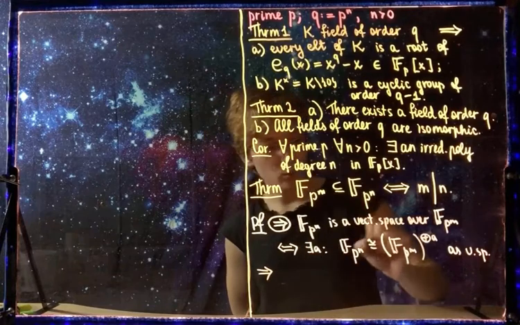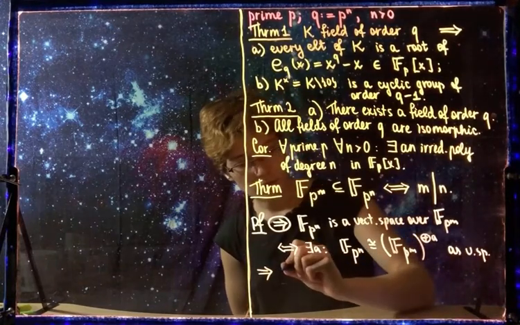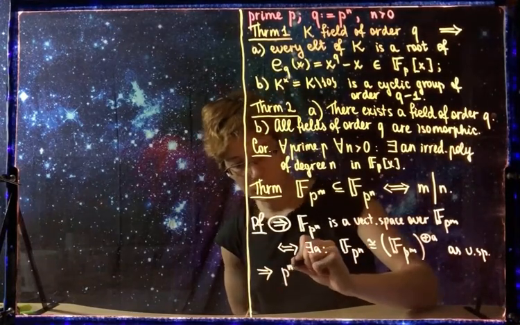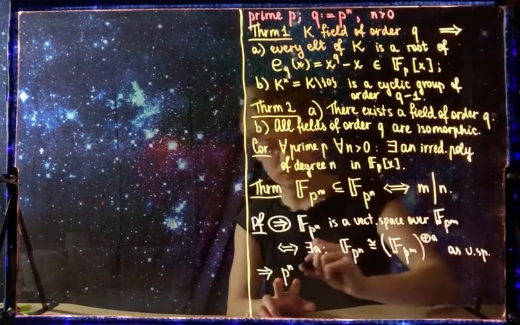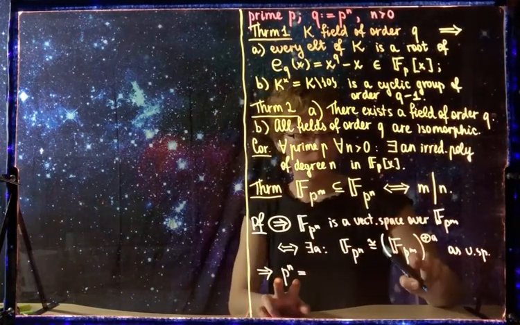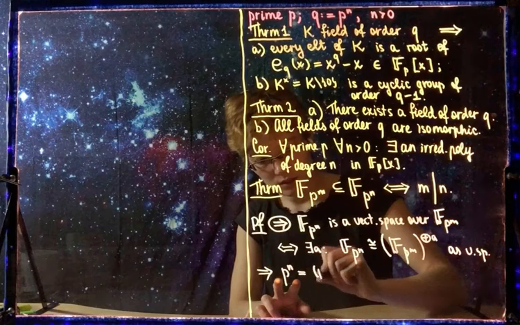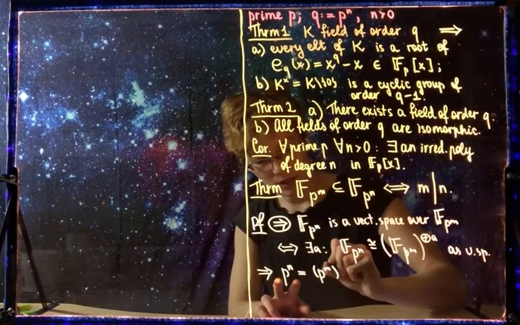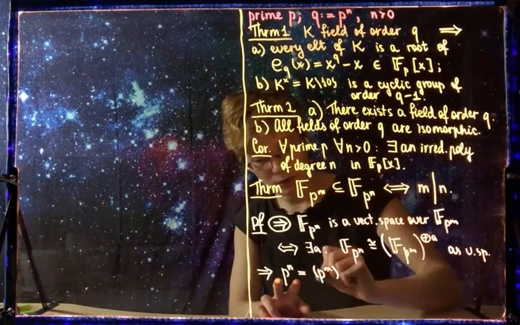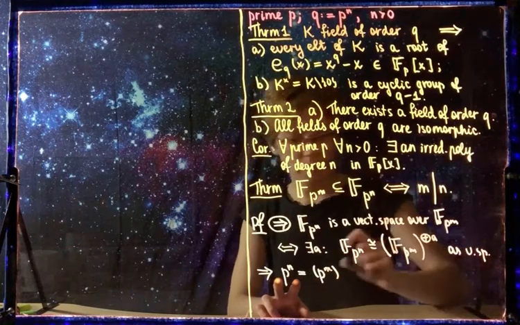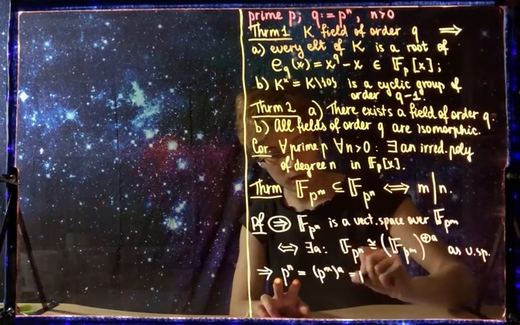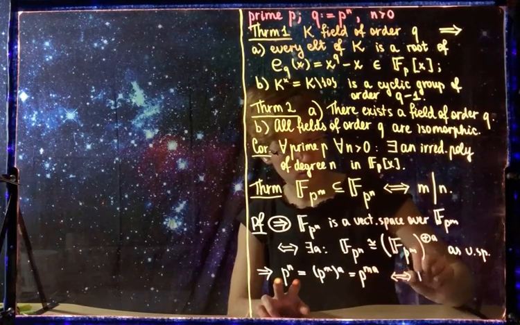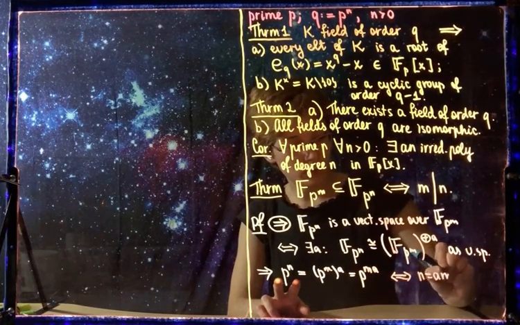And then we compare the number of elements. So the number of elements on the left hand side is p to the n. The number of elements on the right hand side is the number of choices for each coordinate, and we have a coordinates. So we have p to the power ma. So n is equal to am.